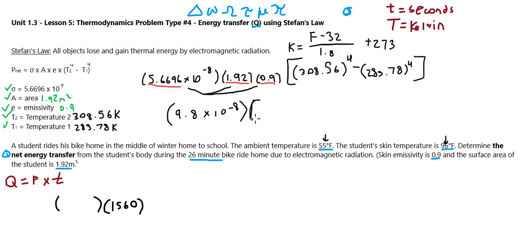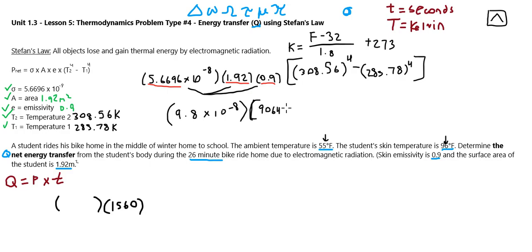First, let's do 308.56 to the 4th power. In the calculator, you can push the caret button to add in the 4th power. And you get a huge number. So I'm just going to write it, and then I'll say it after I write it.